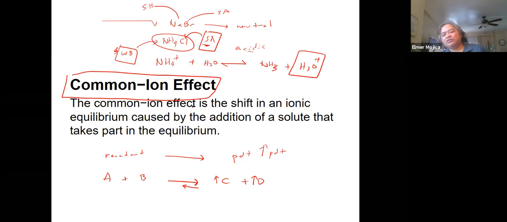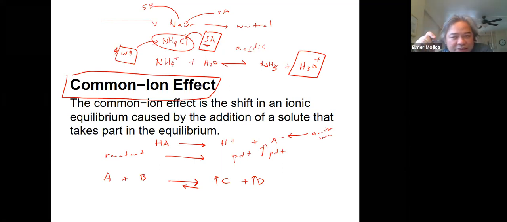So what does the common ion effect mean here? Let's say you have HA, and then it dissociates to give you H plus and A minus. But the problem is you also have the presence of A minus from another source. So that is the common ion effect. There is an ion that is common to an acid or base that you added to the solution.